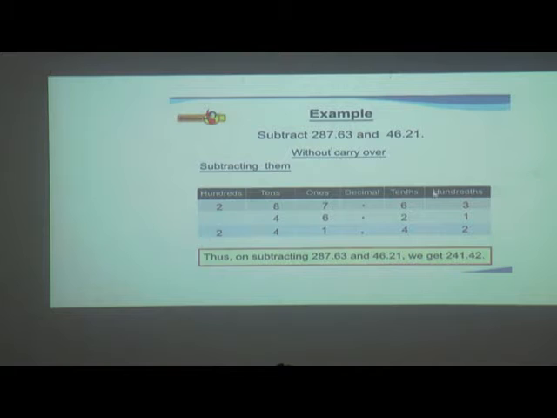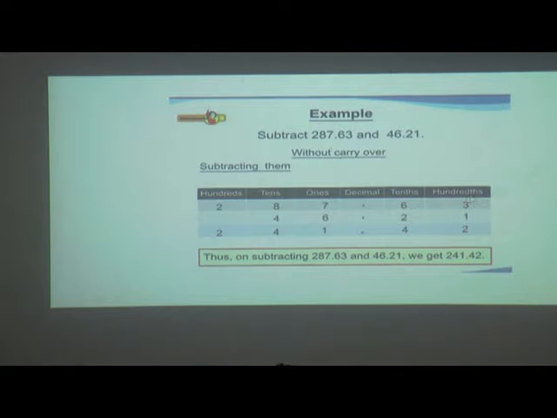This is the tenths, the hundredths, and if we have thousandths. We have only 2 digits, so it is tenths and this is the hundredths place. So we write these numbers one below the other, each in its own place: the number in the tenths place goes in the tenths place. In this way we arrange the number 287.63.